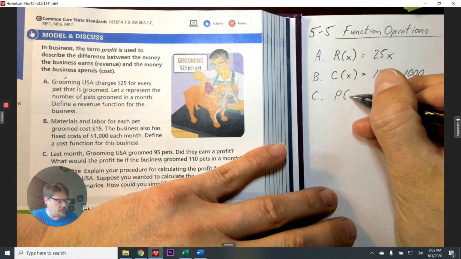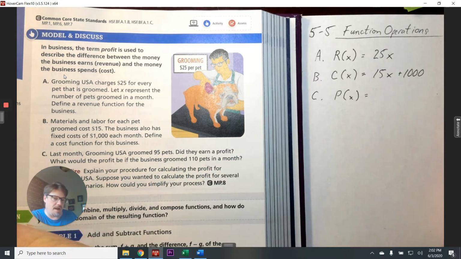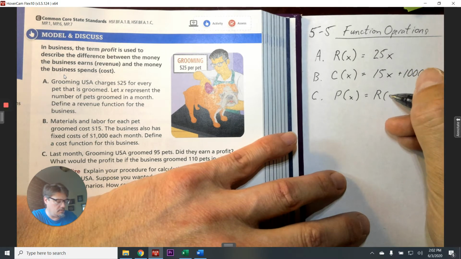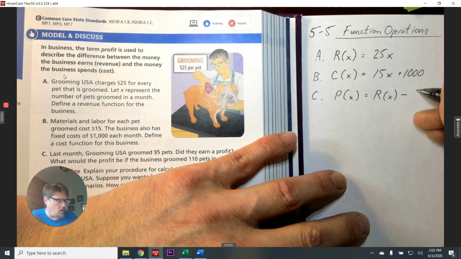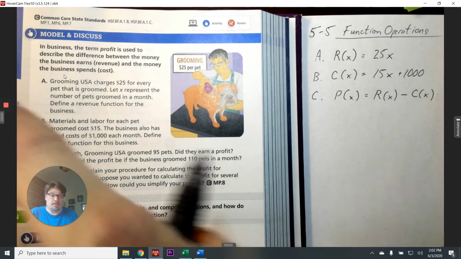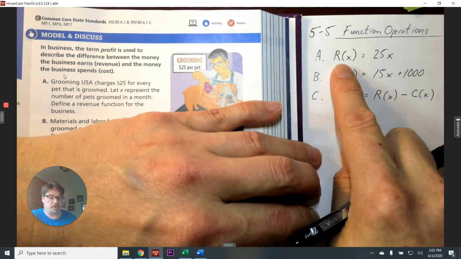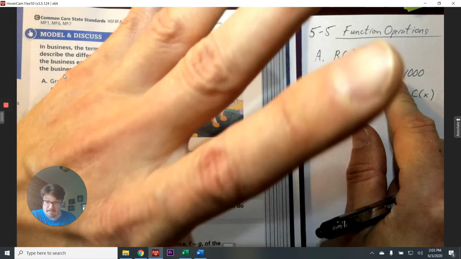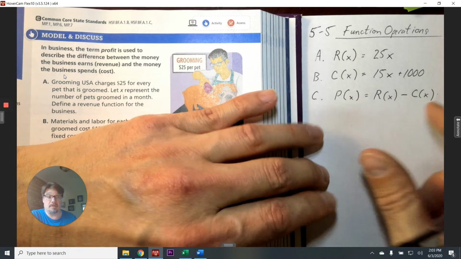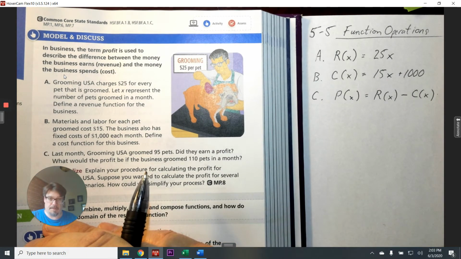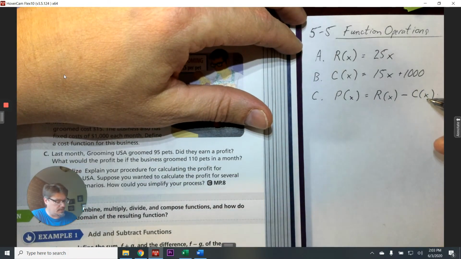This profit function means that if I took all the money coming in and subtracted all of the costs that went out, that's actually my profit. It's the money left over. So I have a function that is its own function, and a different function that's on its own, and I can actually put them together in one larger function to demonstrate profit. Okay, so revenue minus cost equals profit.